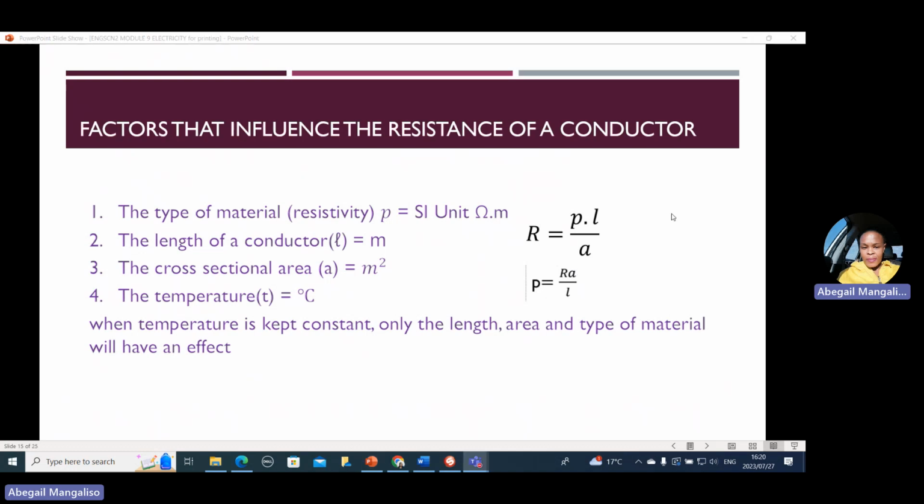When the temperature is kept constant, only the length, area, and type of material have an effect. So when a question says list four factors, you give all four. If a question says list the factors that influence resistance when the temperature is constant, you do not list the temperature, because it is constant.